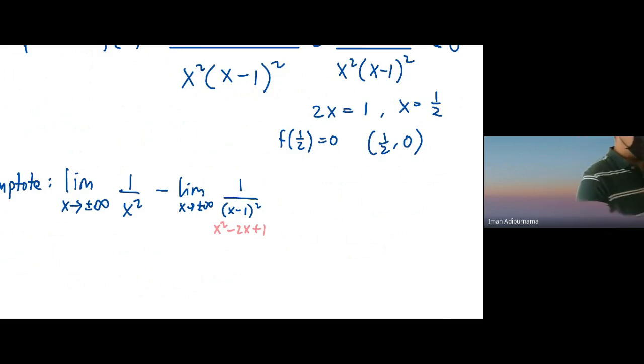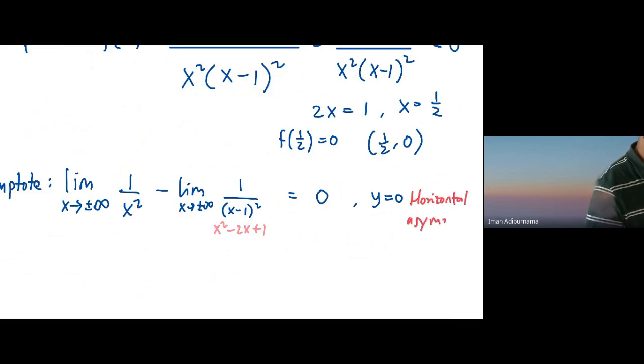Of course, from here, you know that if we calculate all the limits here, it will be equal to 0. So y equals 0 will be our horizontal asymptote.